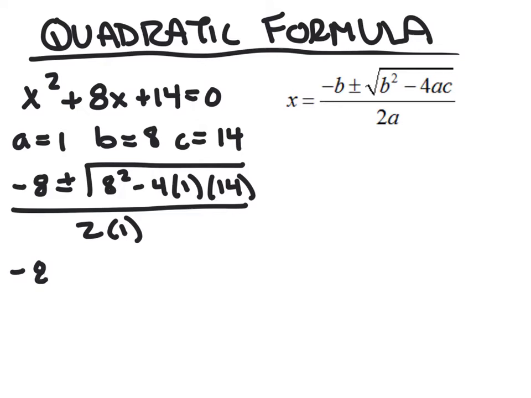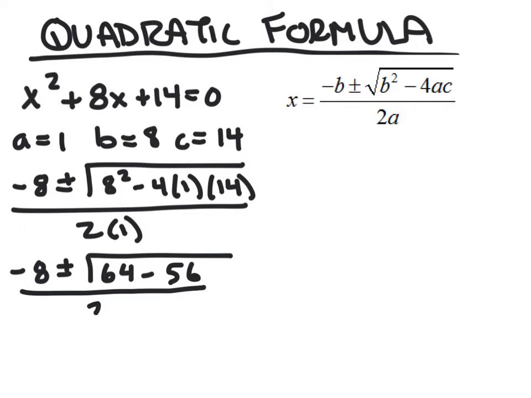This is negative 8 plus or minus the square root of 64 subtract 56, all over 2. This gives me negative 8 plus or minus, so let's see, the square root of 8 would be that number, all over 2.